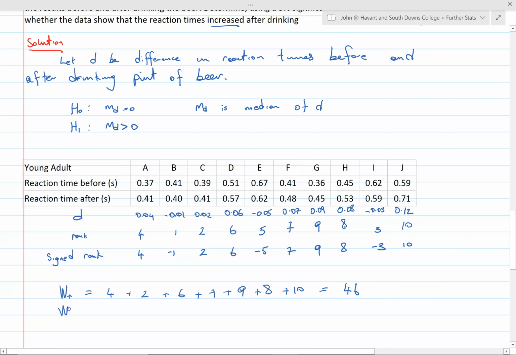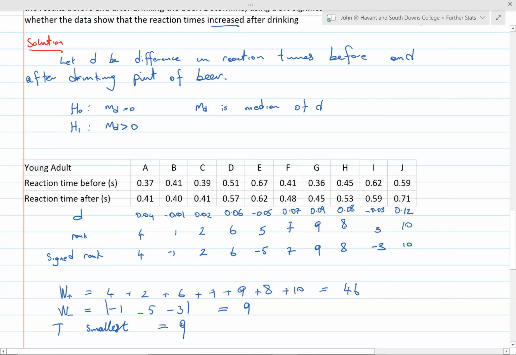And W minus equals the sum of the negative ones but modulated, so that's 1 plus 5, 3, which is equal to 9, and we take the T value as the smallest, which is equal to 9.